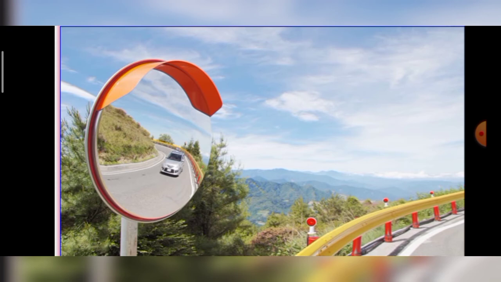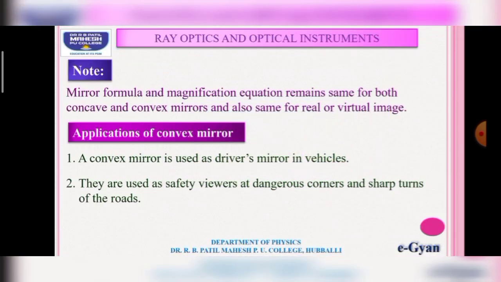The opposite side can be viewed clearly. And there are some more applications. Convex mirrors are used as reflectors in street lamps. Why are these used as reflectors? So that the light will be diverged. When the light diverges, it covers a larger area. Okay, these are the few applications of convex mirror.